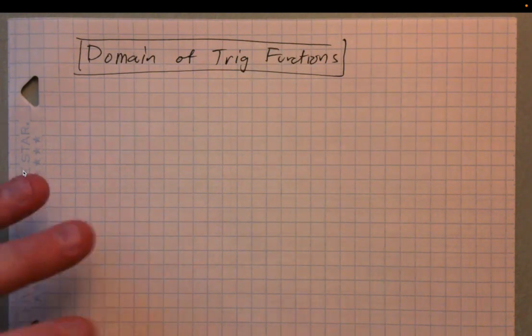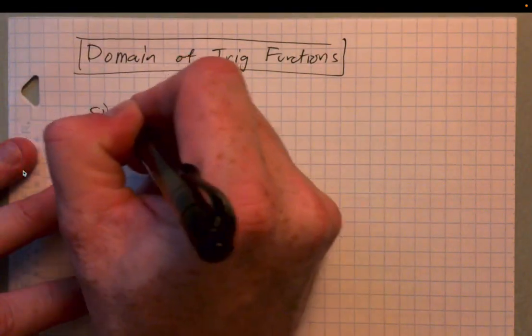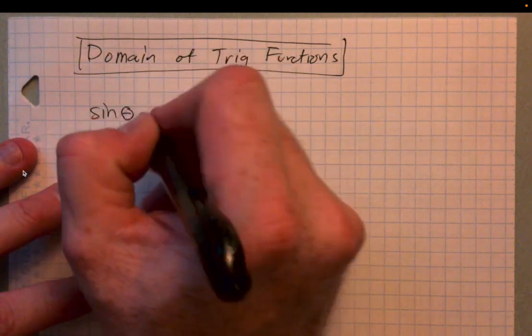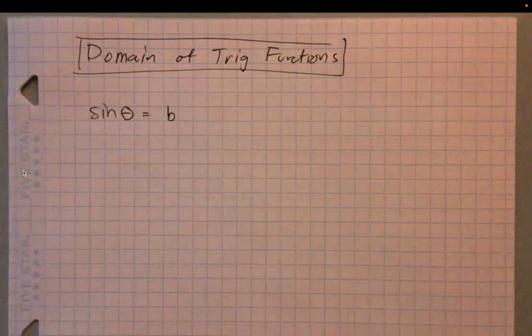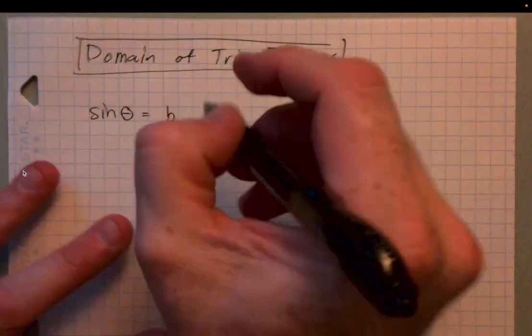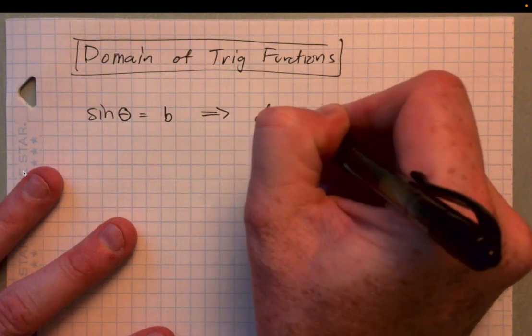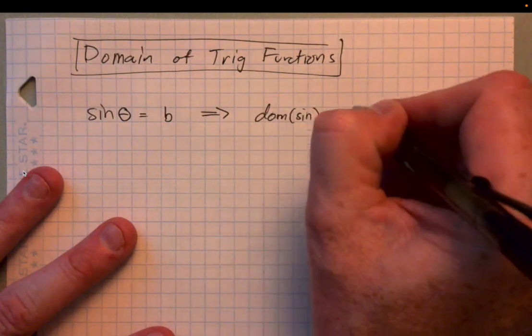Let's talk this through for the sine. The definition of the sine of theta is equal to b, and b can be any number. It's literally whatever b happens to be. That's the value of the sine function. So that being the case, the domain of sine is all real numbers.